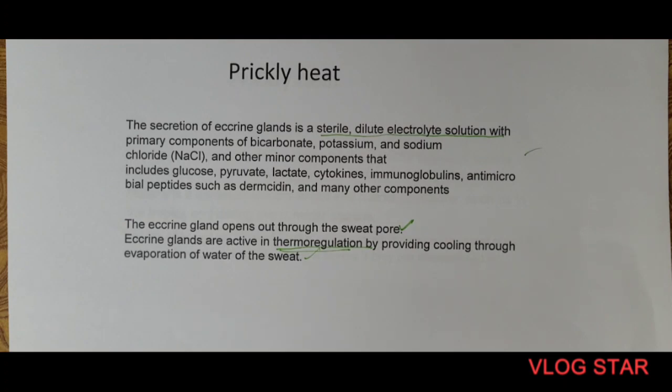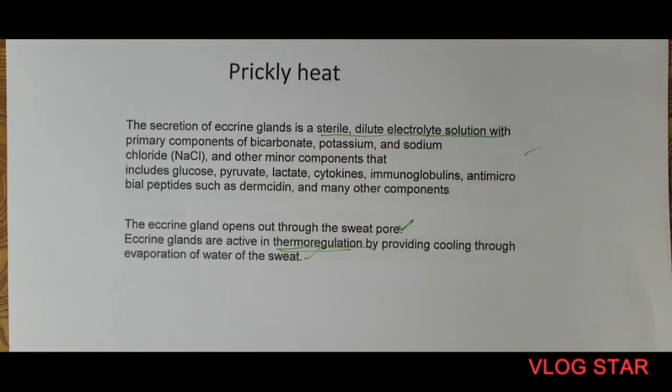So it's a dilute electrolyte solution, basically in water. The main component of eccrine sweat is water, with electrolytes dissolved in it. The eccrine glands open through the sweat pore.